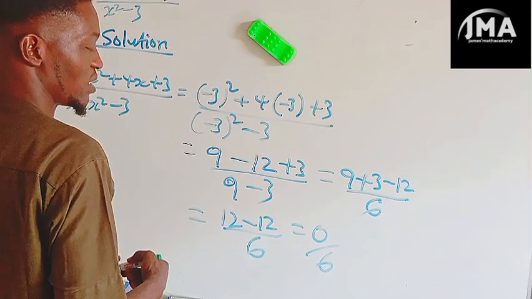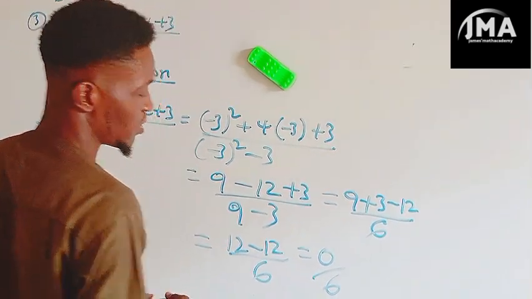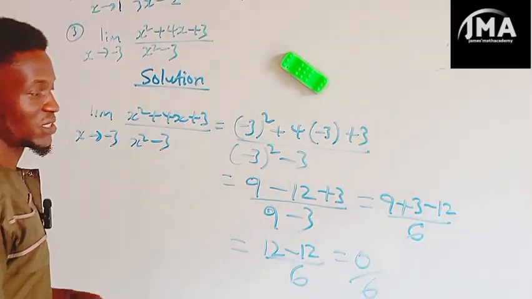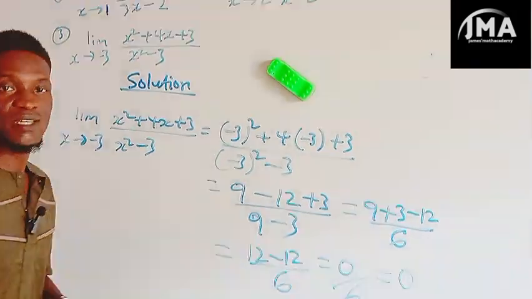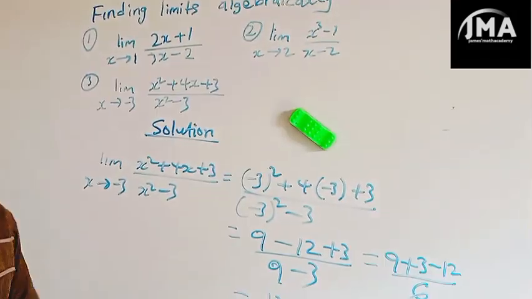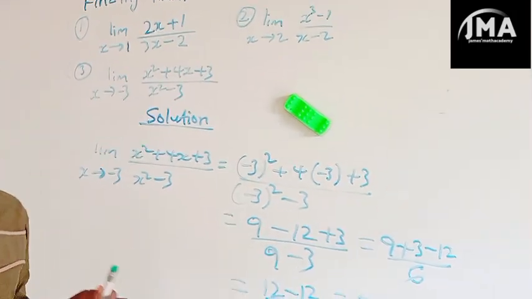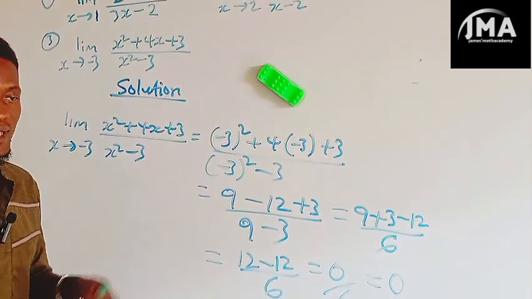So what does it mean? The limit is 0. This is our final answer. The answer is 0. So these are the basic things you need to know when solving limits.